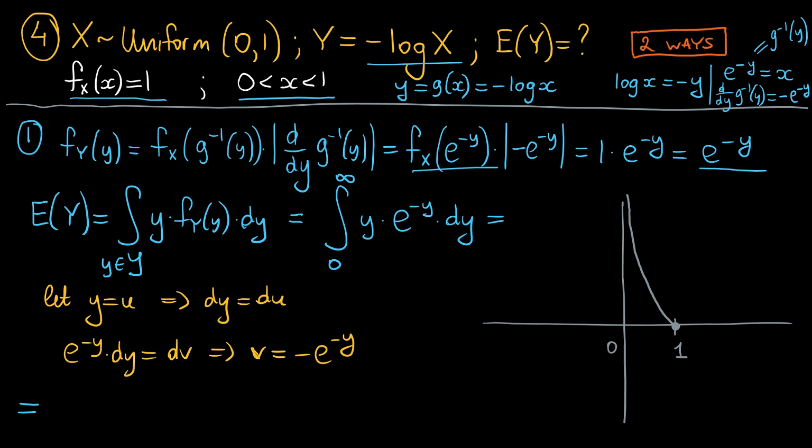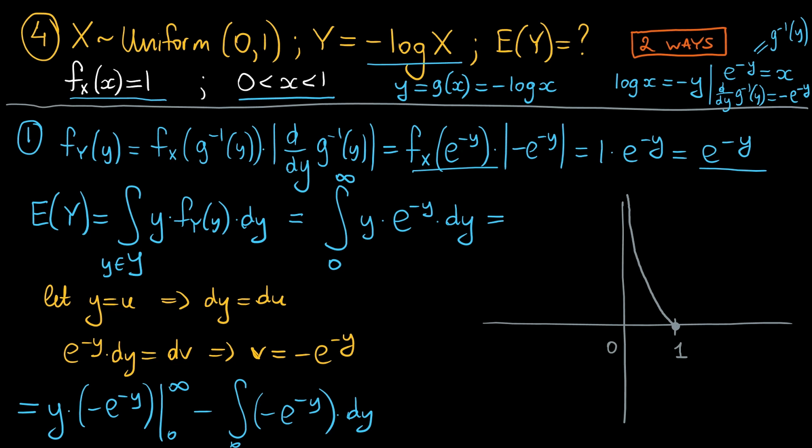So the first term will be uv, which is y times minus e to the power of minus y, and we should put the limits of integration from 0 to infinity, minus integral of v du. V is minus e to the power of minus y, and du is just dy. So we go from 0 to infinity.